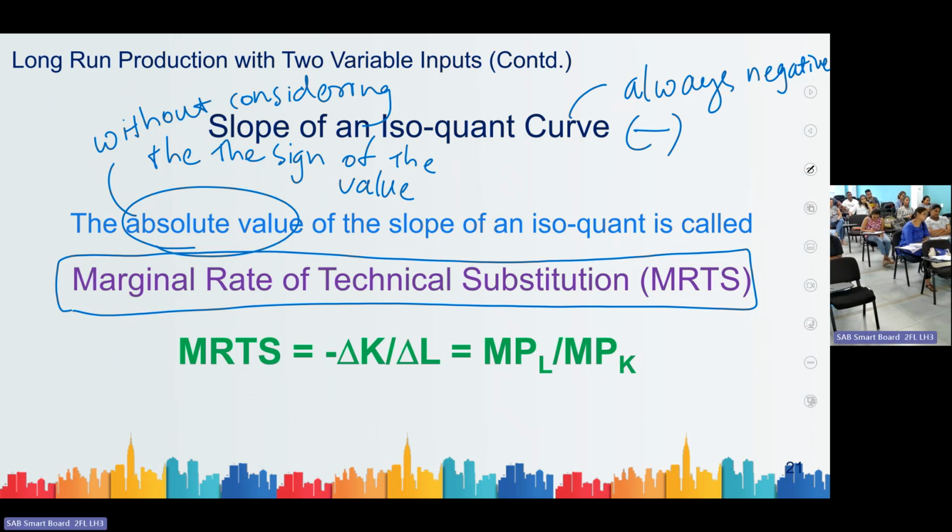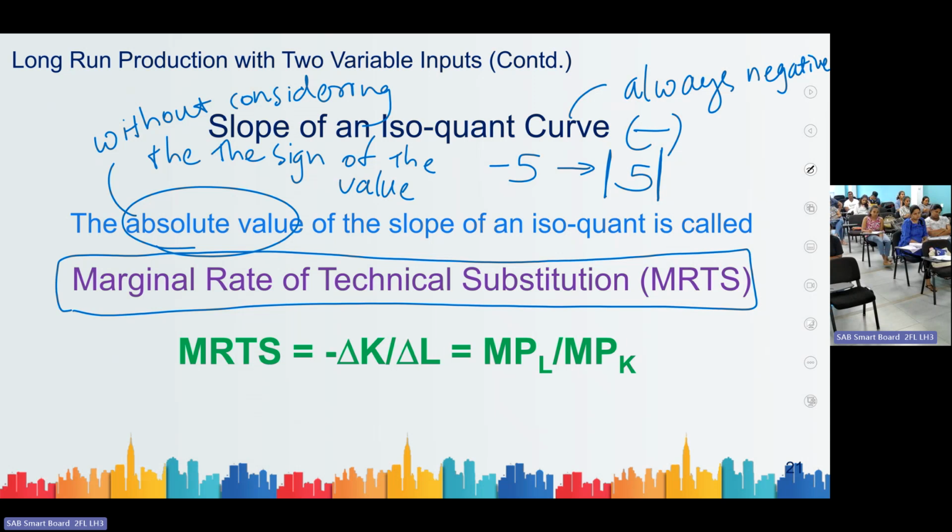If the slope of an isoquant is -5, its absolute value is 5. Usually we write absolute values within these two lines. If it is an absolute value, we denote it like this. So the absolute value of the slope is the marginal rate of technical substitution.